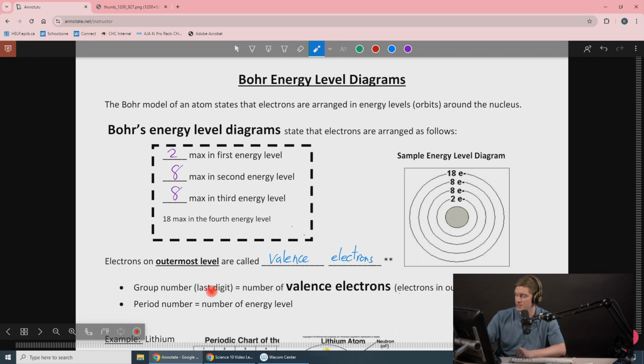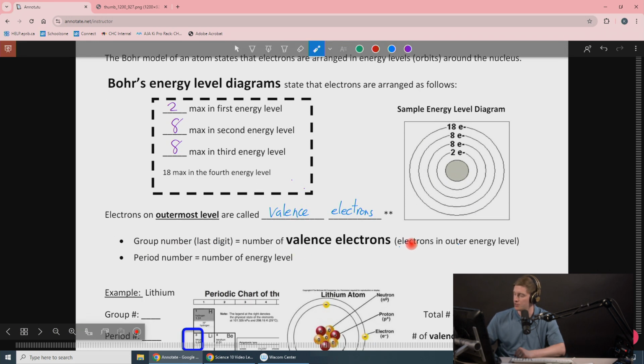The last digit of a group number is the number of valence electrons in the outer energy level. Put a little note here. This works for groups 1 to 2 and groups 13 to 18.